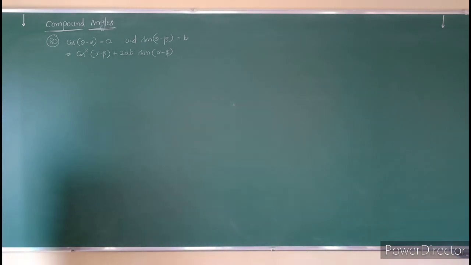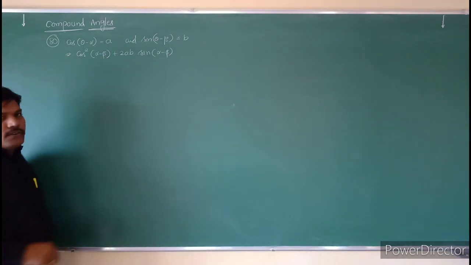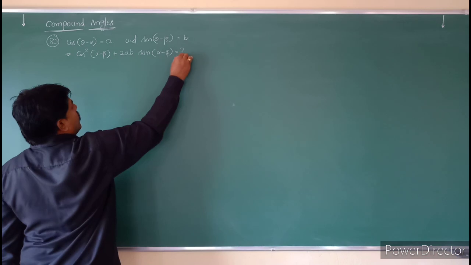So cos of theta minus alpha is a and sin of theta minus beta is b, and this is the value you have to calculate.